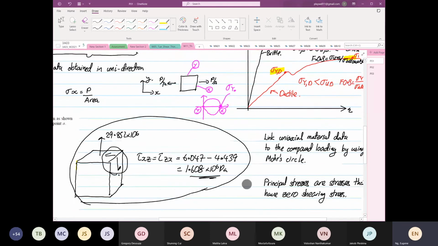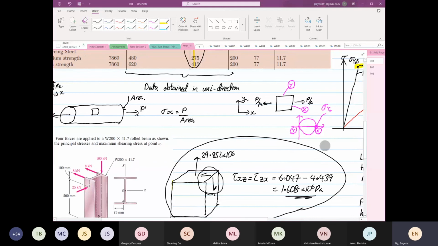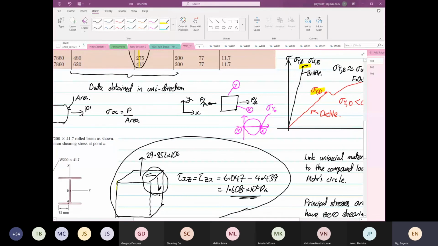As you can see, in the uniaxial test that we do, there's no shear. So what you see over here, all these stresses at these two points, are known as our principal stresses.